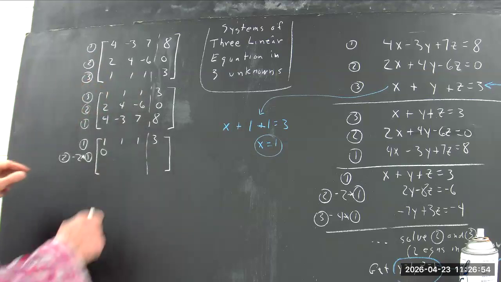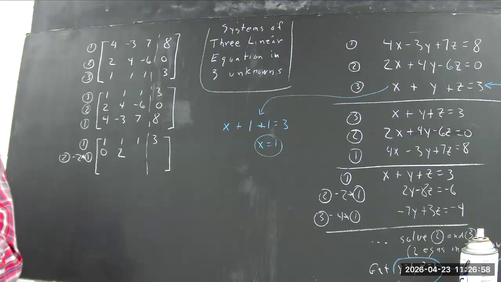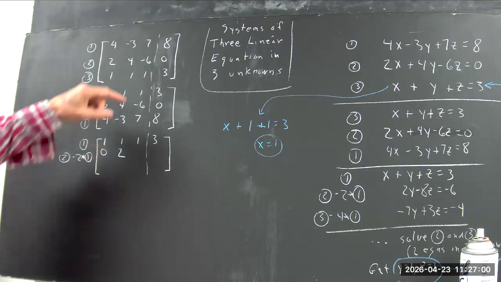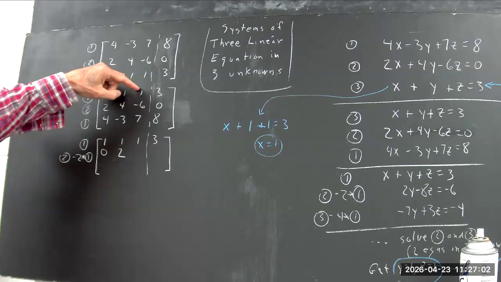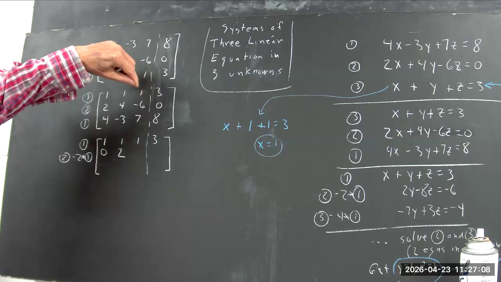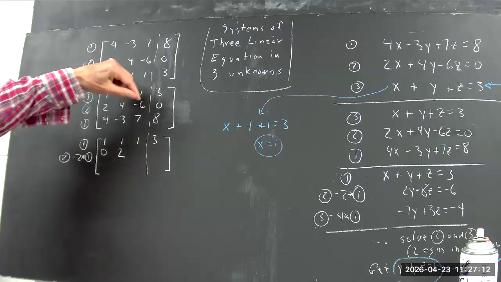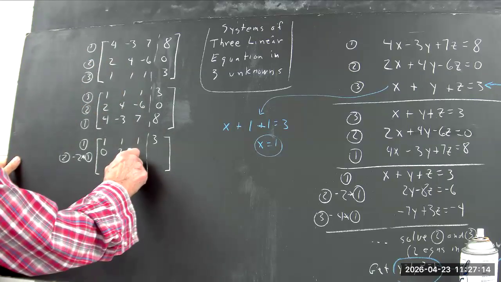And we add that to 4, which gives us 2. Follow me? Okay. And then we add -2 times the 1 in the first row, third column. That's going to give us -2, and we add that to the -6 in the third column of the second row to get -8.